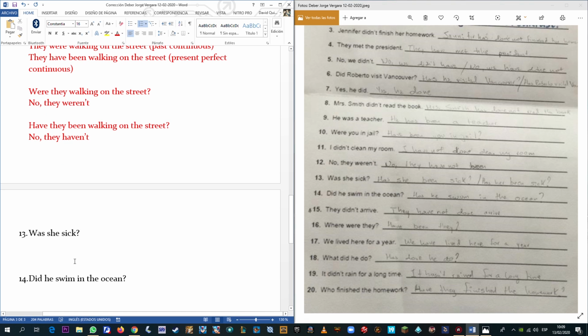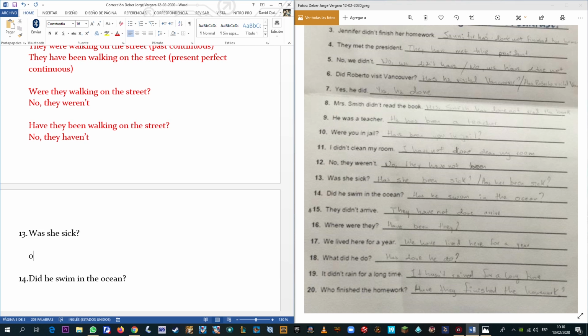I'm sorry. So the 13th was, was she sick? So let's continue with the correction of this homework. We were in question 13th. So was she sick? Our student has said the following answer: has she been sick?